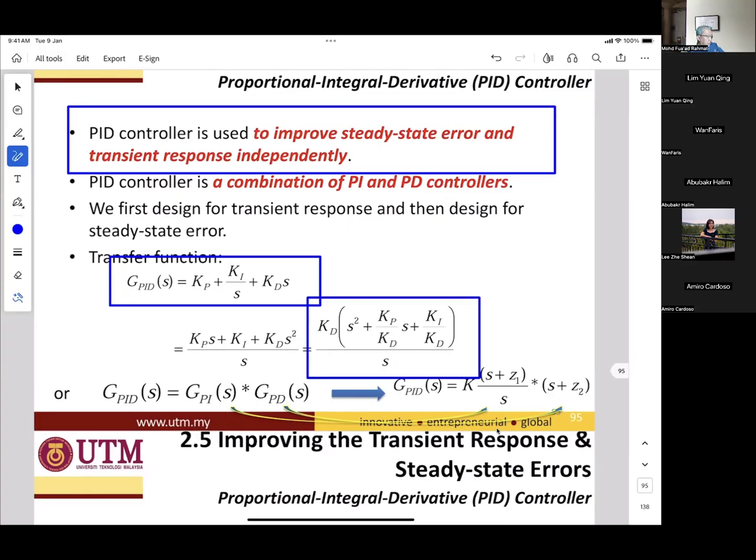Then we will get S plus Z1 over S and S plus Z2. So Z2 is the difficult one. You have to calculate, according to the rules, to find the new zeros. But Z1 is quite easy. You just put 0.01. So the PI controller is completely solved. The challenge is at the Z2.